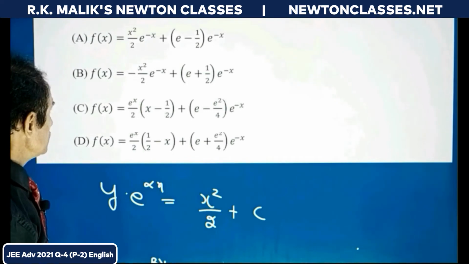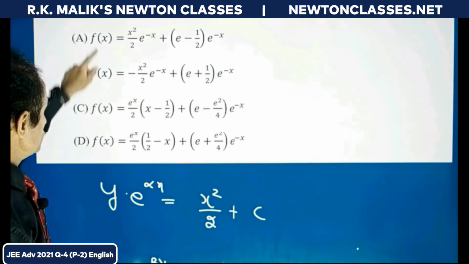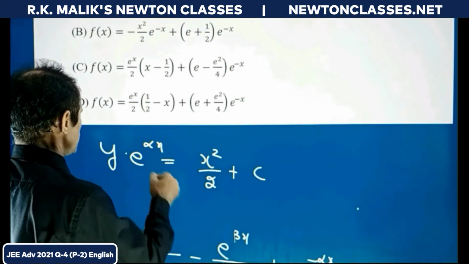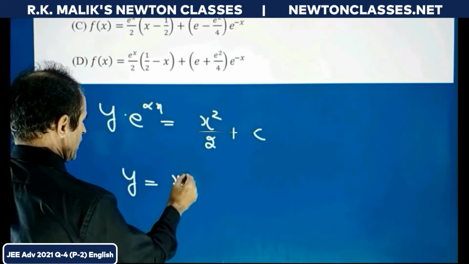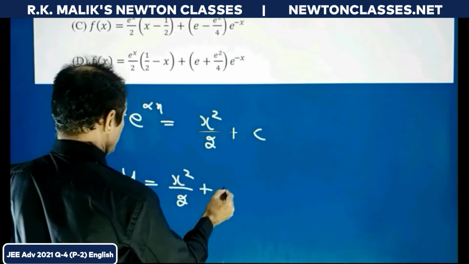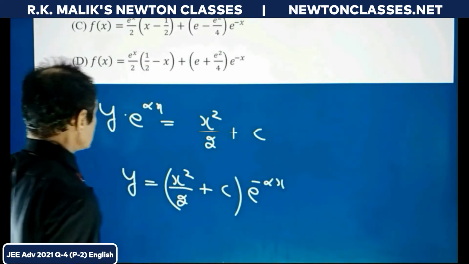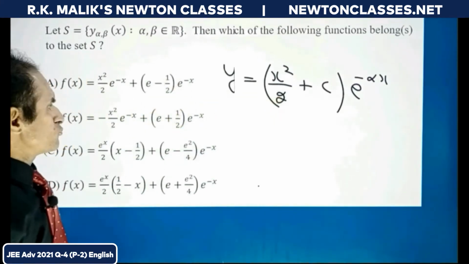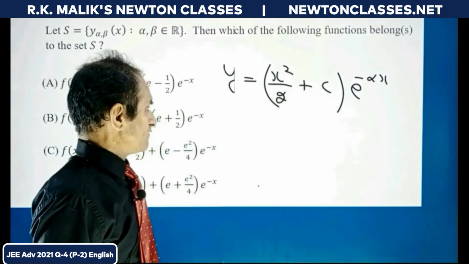And again, to bring this in choices form, first I divide by e to power alpha x. I will get y is equal to x square by 2 plus c into e to power minus alpha x. And now see, this can reduce to this if alpha is 1.